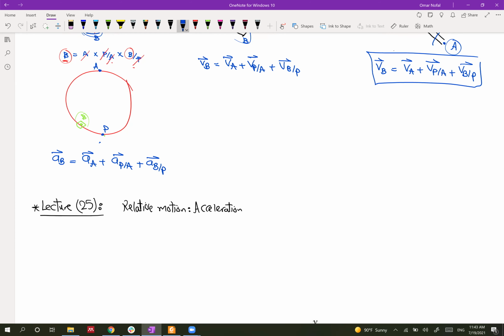So for this, last time we have our velocity v at B is equal to v at A plus v of B with respect to A. And we did the same for the acceleration.